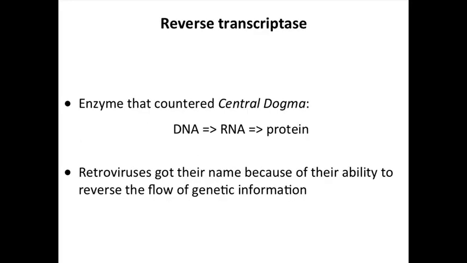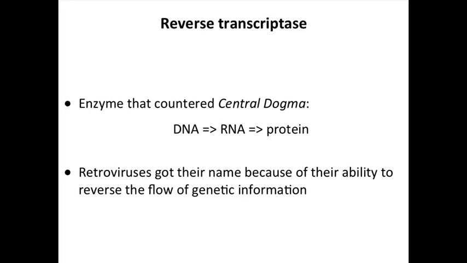So reverse transcriptase is the enzyme that countered the central dogma, which of course back in the 50s and 60s was that you had DNA in organisms and they went to RNA and then to protein. That was the flow of genetic information. Up until 1970, the retroviruses weren't called retroviruses, they were RNA tumor viruses.